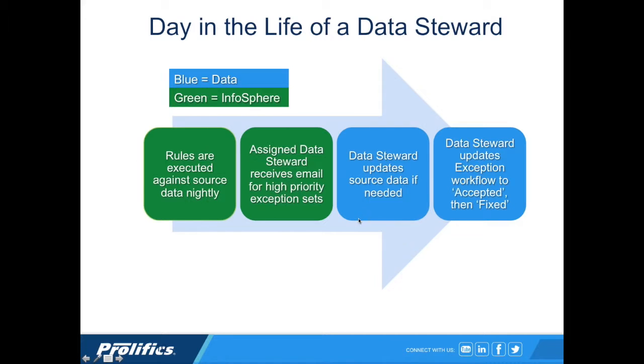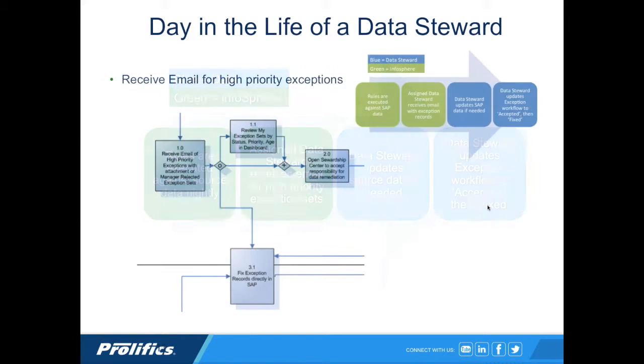So the steward logs on in the morning and updates the source data in SAP if needed, and then logs into the steward exception to communicate, to collaborate with the manager or owner in terms of fixing the exception sets. So here's a small segment of the business process flow. Number one, they receive email for those high priority exceptions.